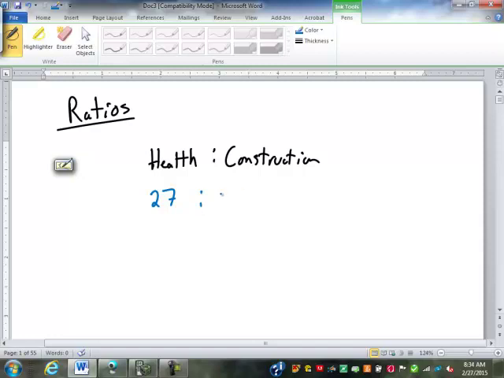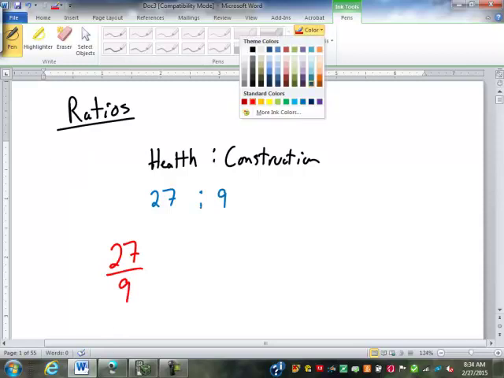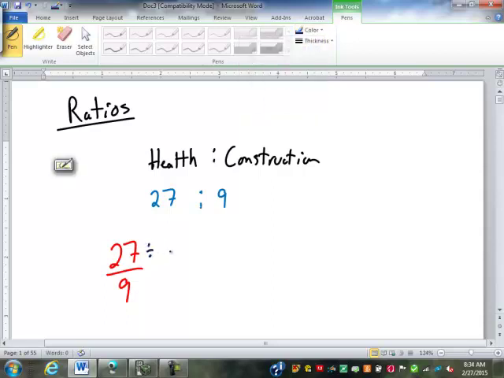In the construction class, I have 9 students. Now I can write it as a ratio like that, or I often like to write it like this, as a fraction.